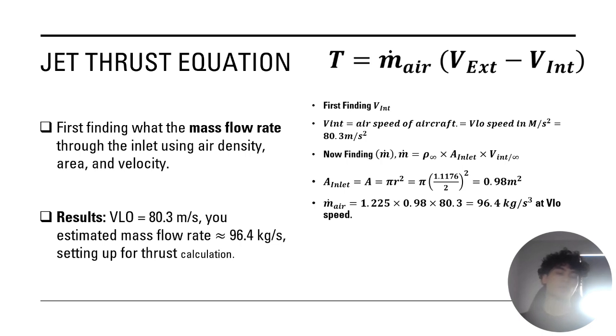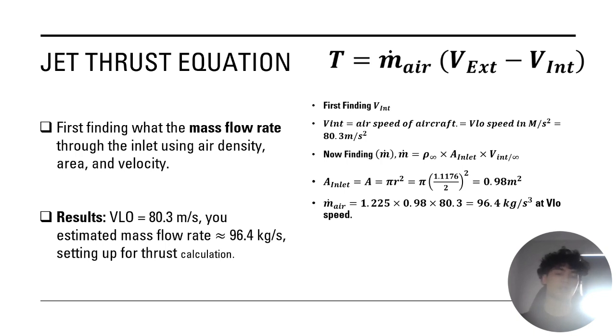Here we've moved from the runway physics to the jet engine fundamentals covered in week 4. The equation shown does have more involved, as per week 4 of the aerodynamics 2 syllabus. However, for simplification purpose, this is all that we needed. This tells us that thrust is produced by the change in momentum of the airflow through the engine. To apply this, we first calculate the mass flow rate of air entering the engine.